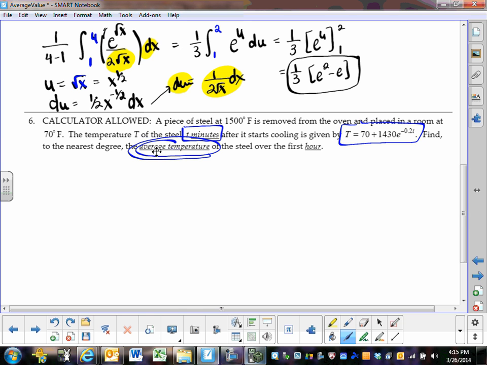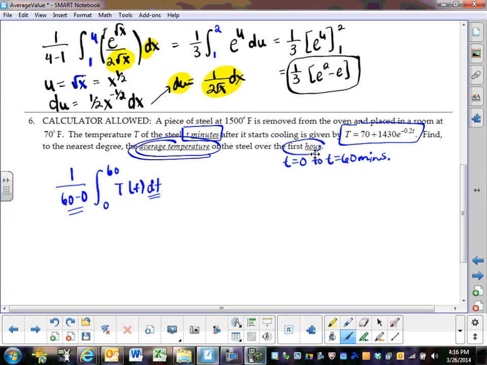Okay, so find to the nearest degree the average temperature over the first hour. So the first hour is t equals 0 to t equals 60 minutes. We do have to make sure our units match up. So I do 1 over 60 minus 0, add up all the temperatures between times 0 and 60, and then multiply.